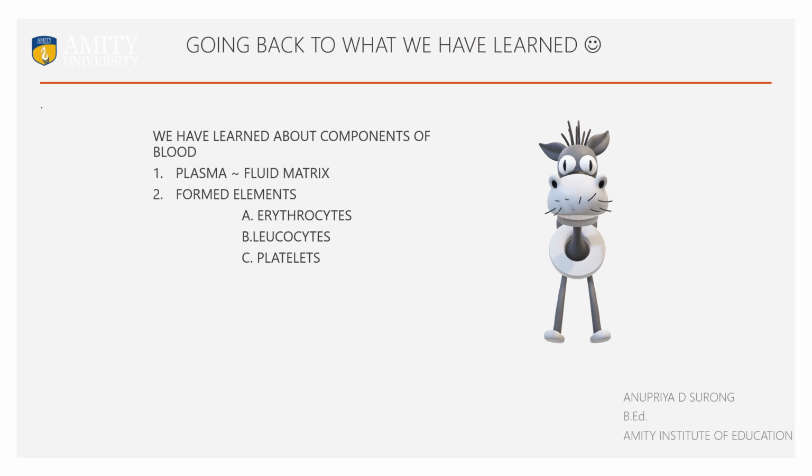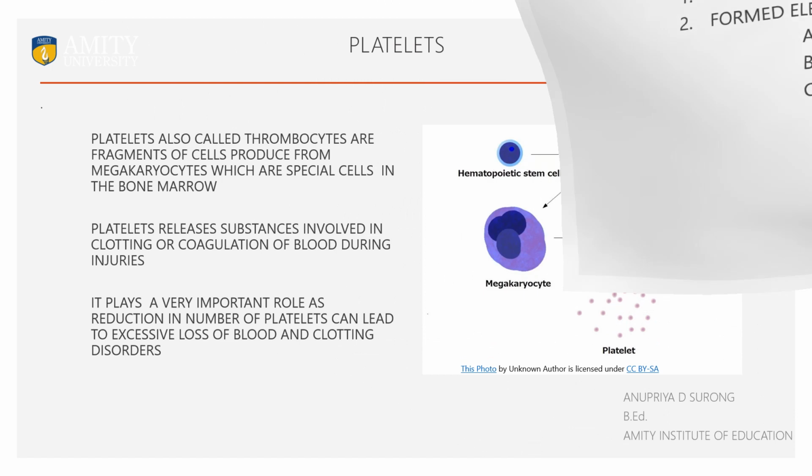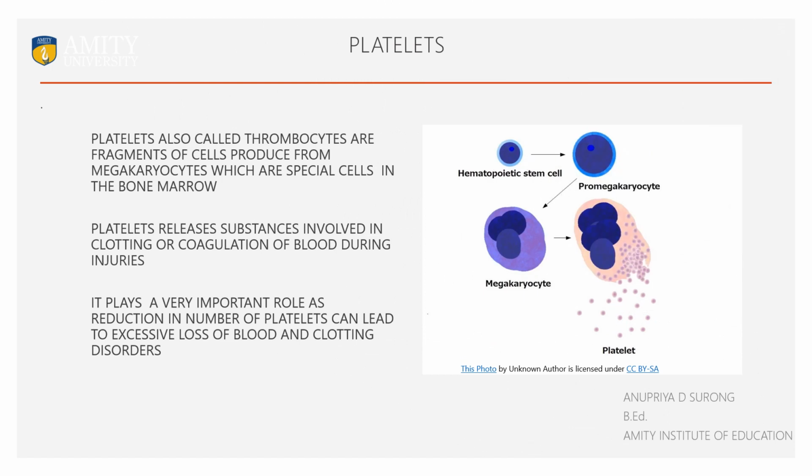Well, going back to what we have learned about components of blood, that is plasma fluid matrix, formed elements, that is erythrocytes, which are RBCs, leukocytes, which are WBCs, and platelets, which we are going to learn now. Okay, talking about the last component of blood, that is platelets.